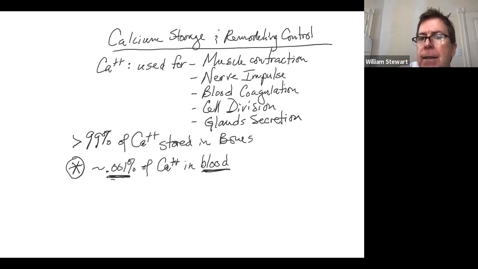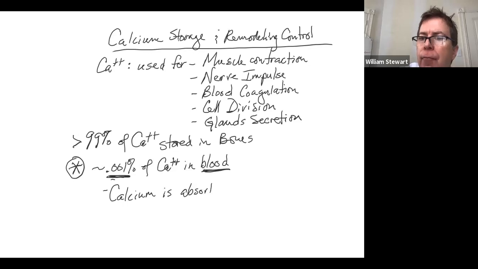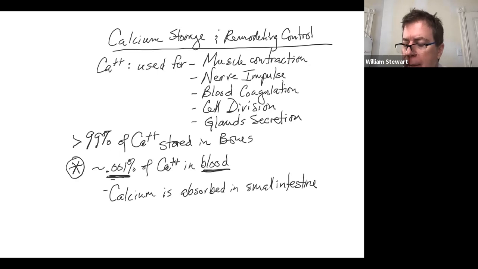Last thing I'm going to say is this: how we get calcium, we don't make it. The human body does not manufacture calcium. We have to get it from our diet. We have to ingest it. And calcium is absorbed in the small intestine after we eat it into the blood.